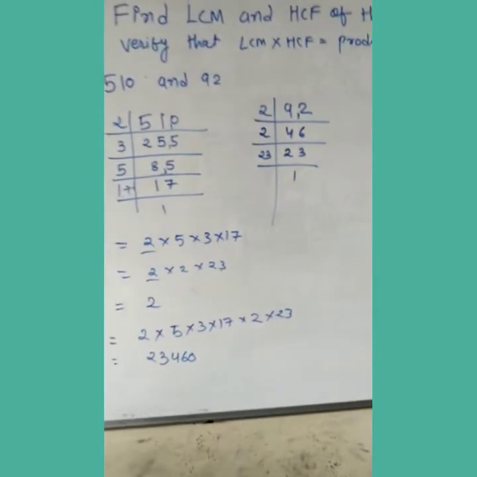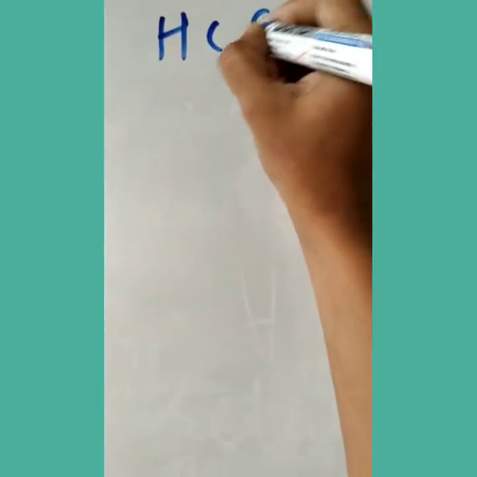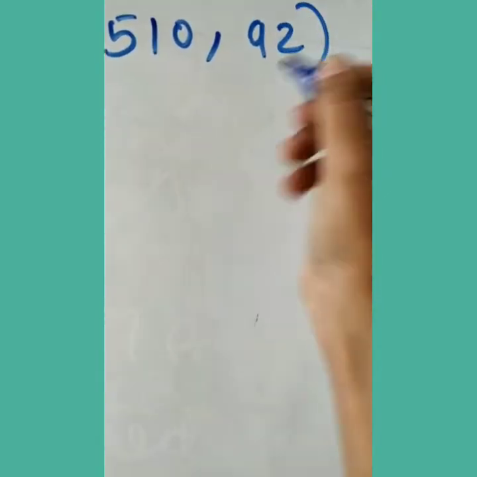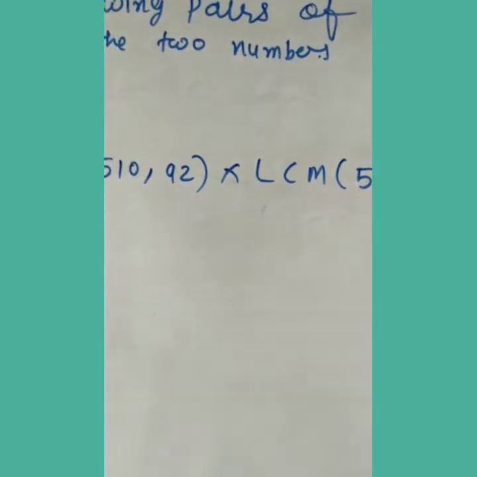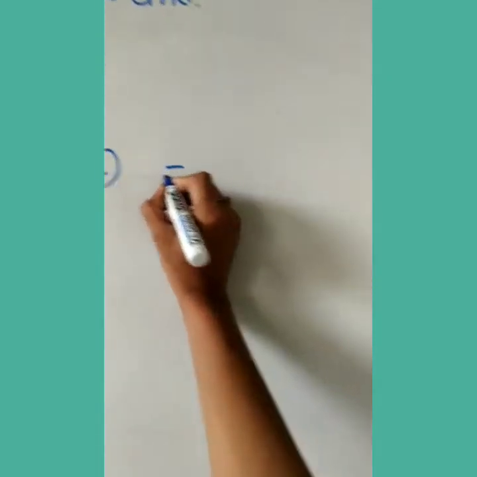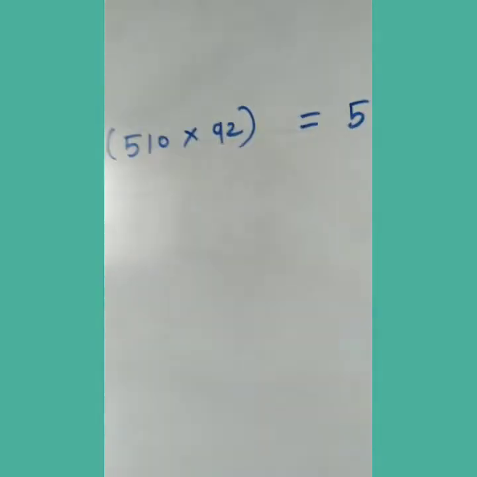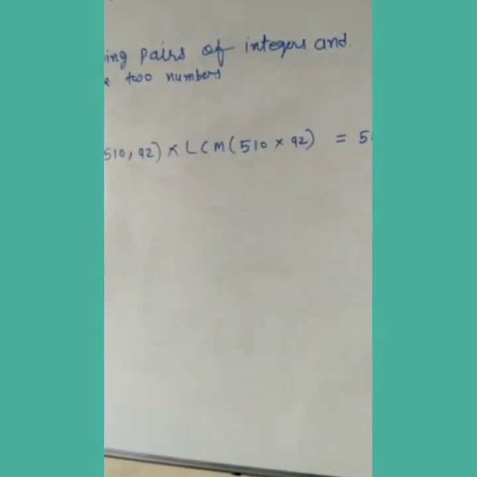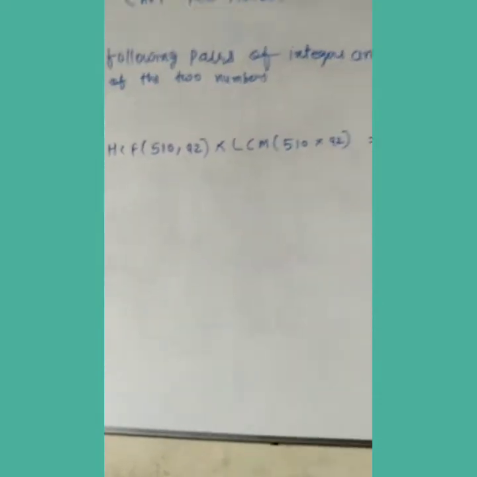So here we have to substitute this: HCF of particular numbers, meaning 510 and 92, into LCM of 510 and 92 will be equal to 510 into 92. So here we will write in the form of left hand side and right hand side.